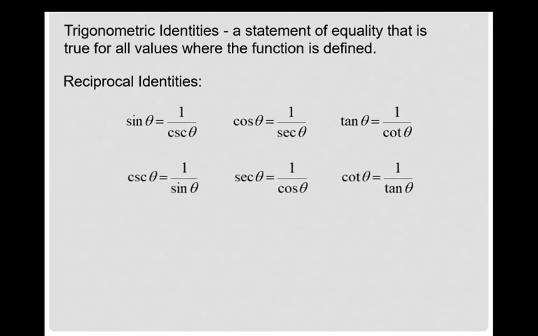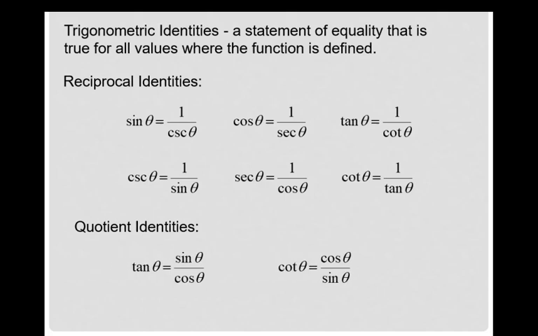That also means that these are true, because if you take the reciprocal of sine, you get cosecant is 1 over sine. There are also the quotient identities, and one of them we just proved: tangent is equal to sine over cosine, and cotangent is cosine over sine. These are all super important identities. We're going to use these a lot.